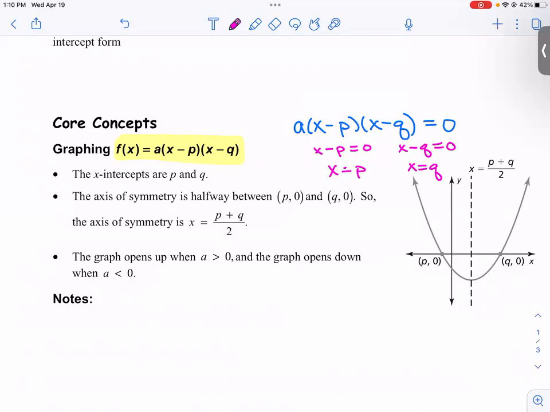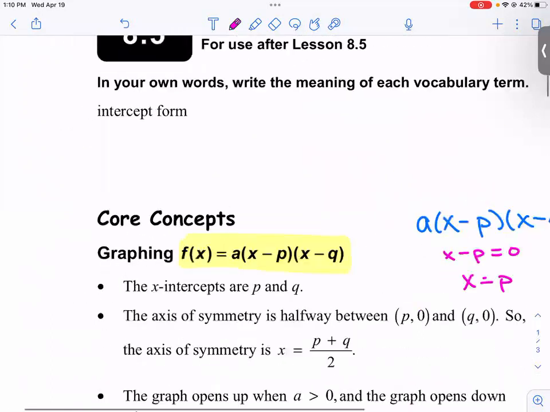A parabola is symmetric. So you don't necessarily have to draw this.